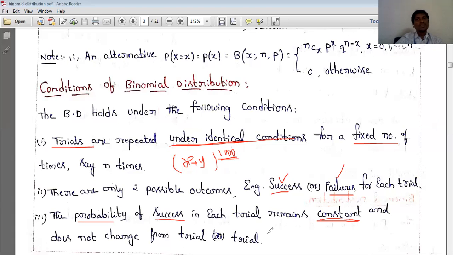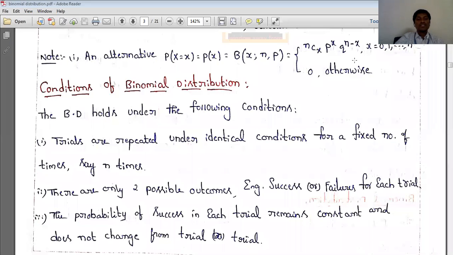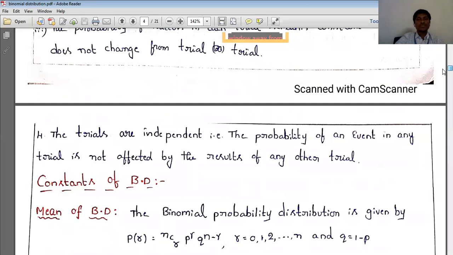Nothing, it remains constant. It does not change from trial to trial. So the probability of success in each trial remains constant. These are the conditions for applying binomial distribution. Of course, the trials are independent, meaning one trial does not affect another trial, as we already discussed.